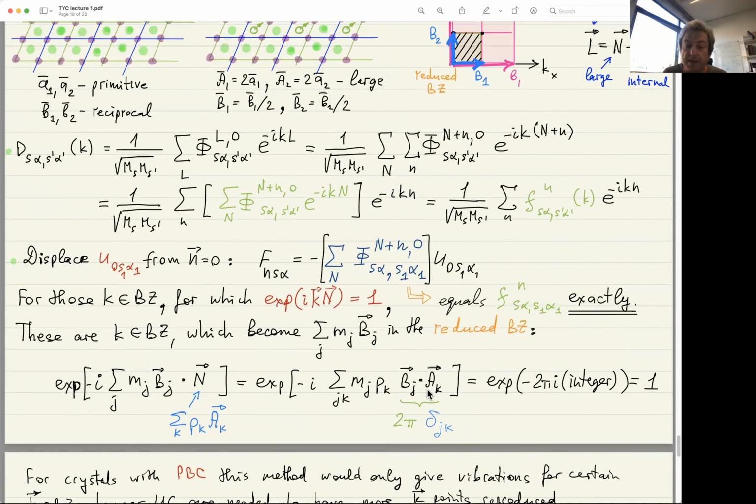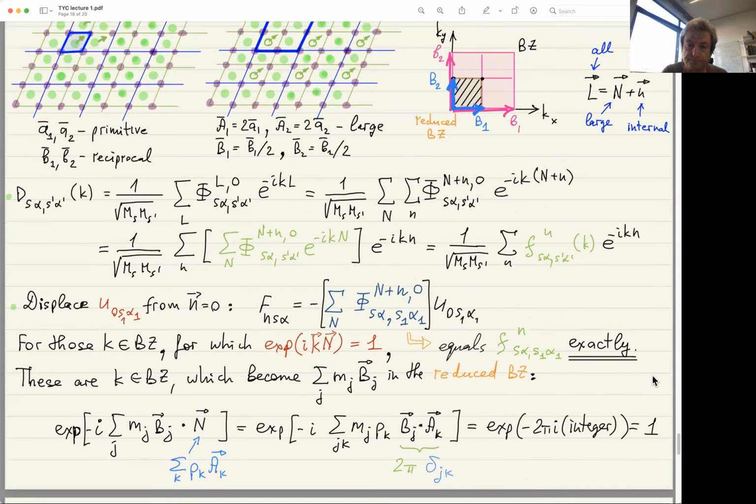So if we take these translations, then substituting this linear combination into that exponent here, you see this capital N is the linear combination of the large translations, capital A. And these two, their dot product, give 2 pi times a Kronecker symbol. And these M and P's are integers. Therefore, we get 1.